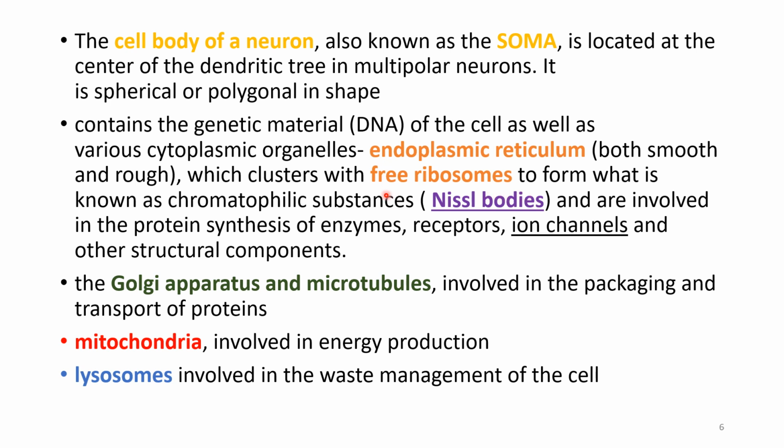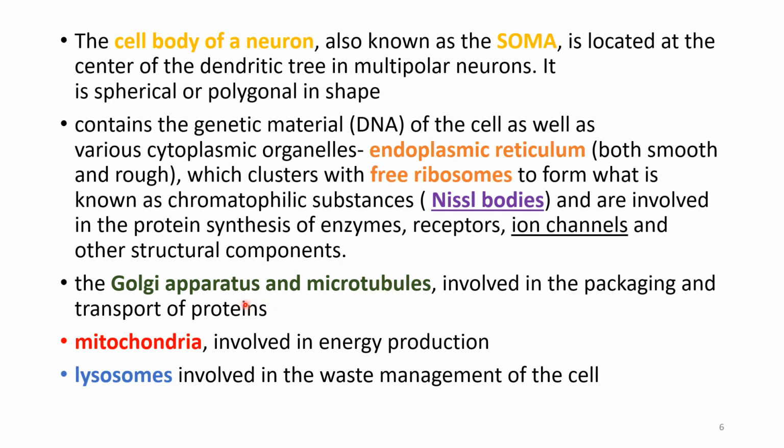These free ribosomes along with the endoplasmic reticulum will form Nissl bodies or Nissl substance. It is a chromatophilic substance. So this is involved in protein synthesis. It is important for the production of enzymes, receptors, ion channels and other structural components.